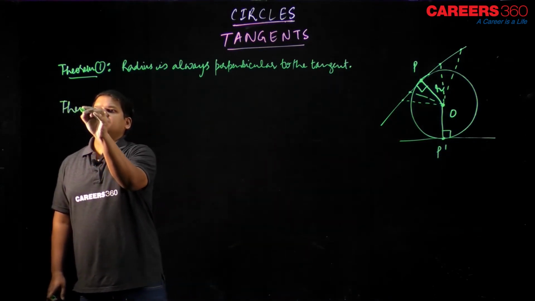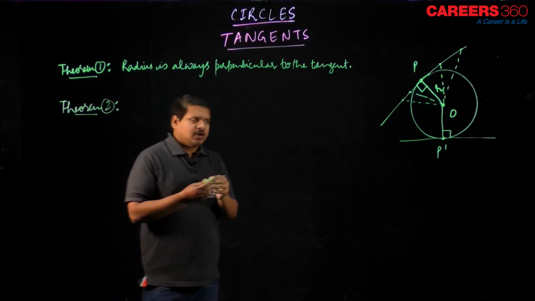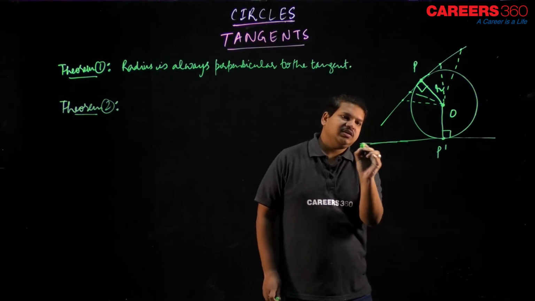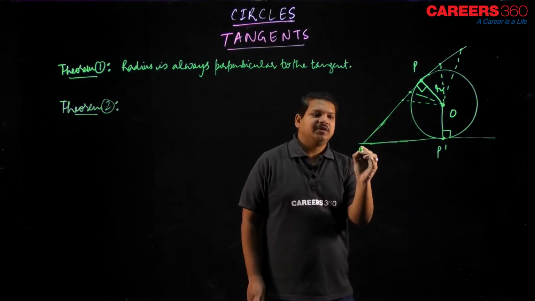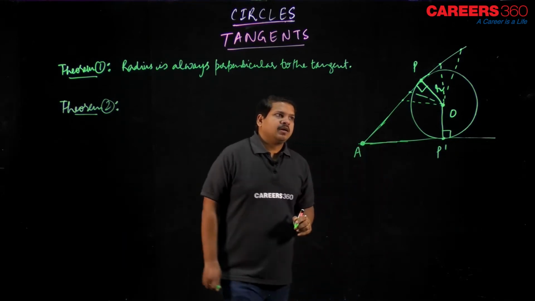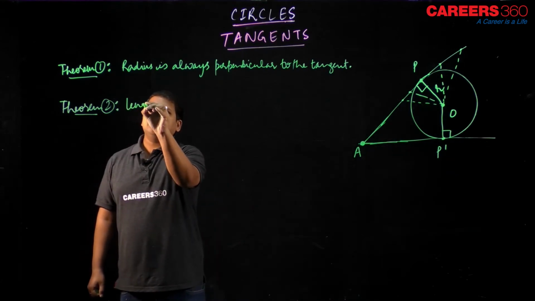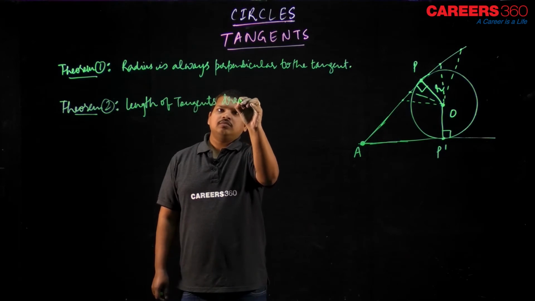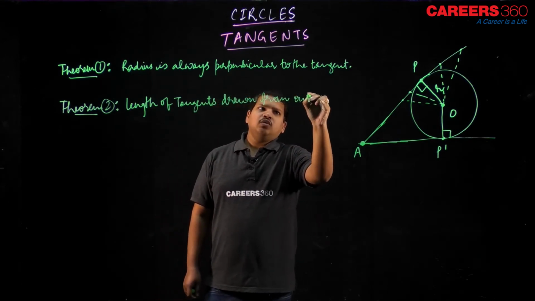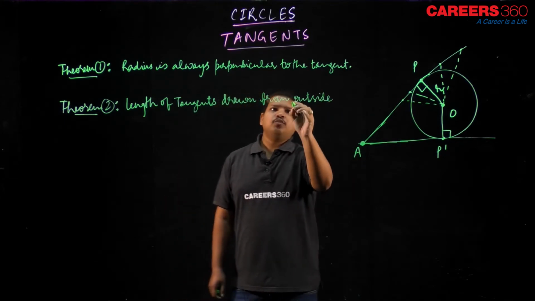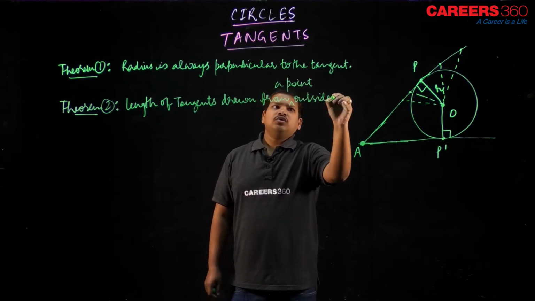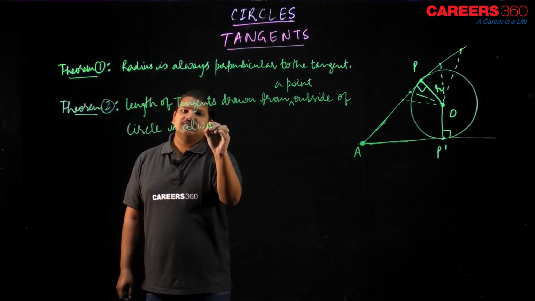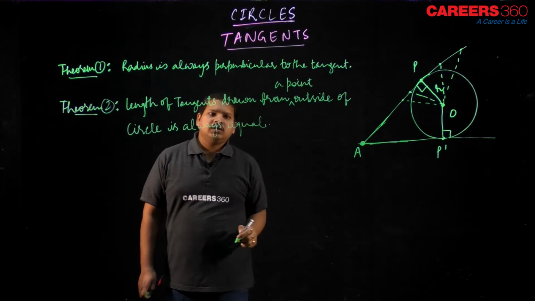The next theorem we have: let's say these two are meeting, intersecting at this point, and let's say this point is A. So the next theorem is: the length of tangents drawn from a point outside of a circle will always be equal.